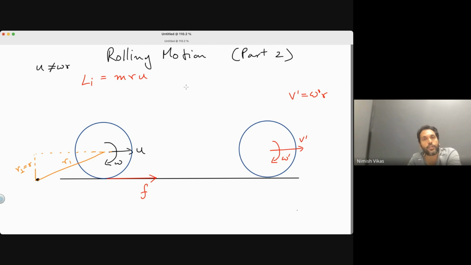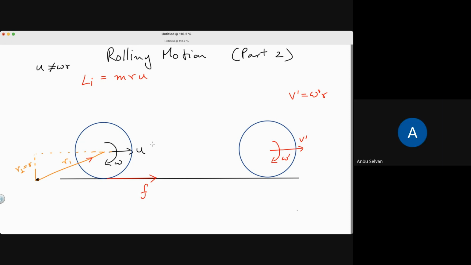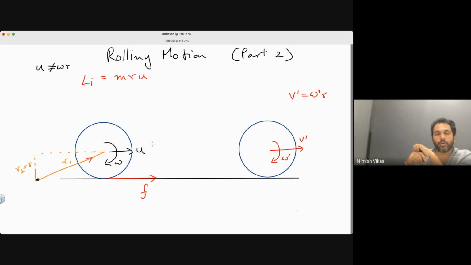Which way, clockwise or anti-clockwise? Say fast, I have to end the class now. R vector was this way. Clockwise. Clockwise means going inside the board, right?